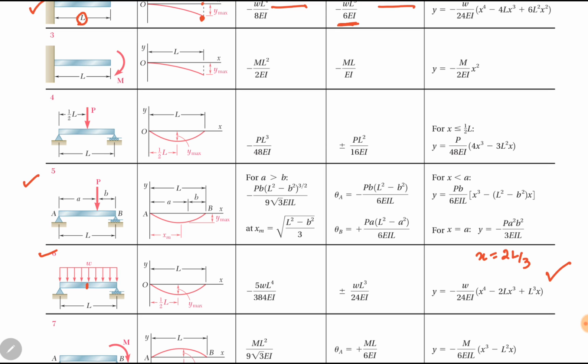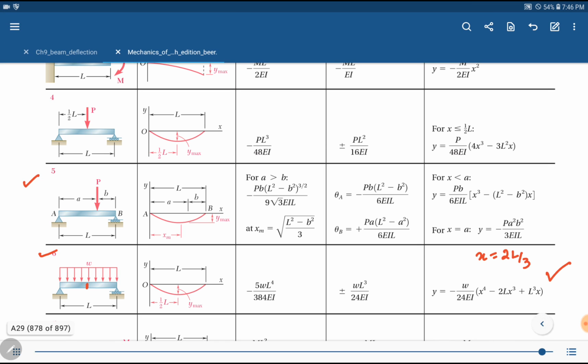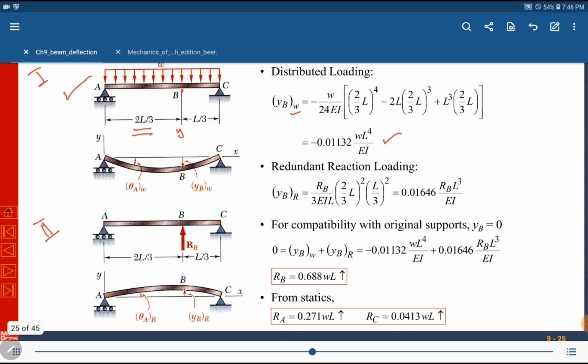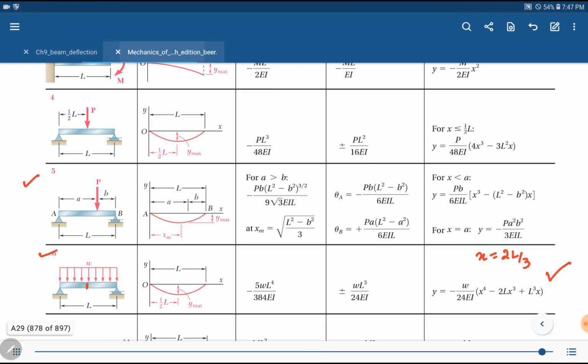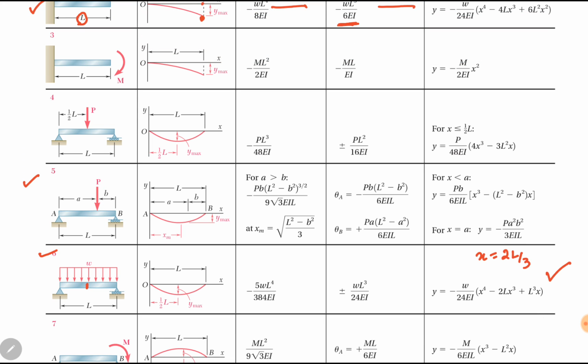Our case is similar to case number 5, where a simply supported beam is under a concentrated load, but load is not at the midpoint, RB. Okay, RB is at a distance of 2L by 3 from the left end, and remember it is upward. In the table, case number 5 is similar, but the load is downward, so we will just change the signs.